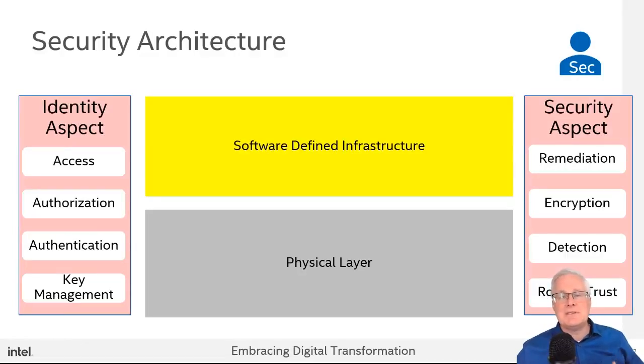The other one is my security side. On the security side, there's key things I want to have there, like encryption. I want to be able to encrypt all my stuff. I want remediation when there are problems. I need to detect when there are intrusions or problems.